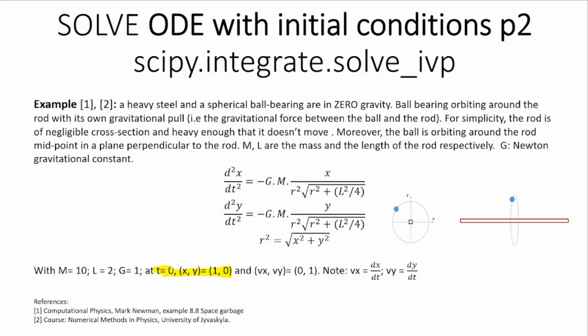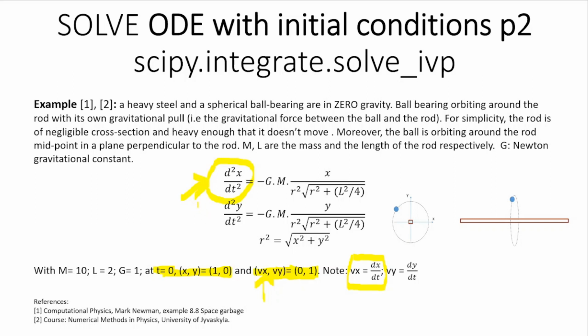At t equals 0, the position of the ball starts from x as 1 and y as 0, together with, at t equals 0, the velocity of the ball in the x coordinate being 0 and in the y coordinate being 1. This one is the second derivative. Why? Because the velocity is already the first derivative of the position, so here we have the second derivative.